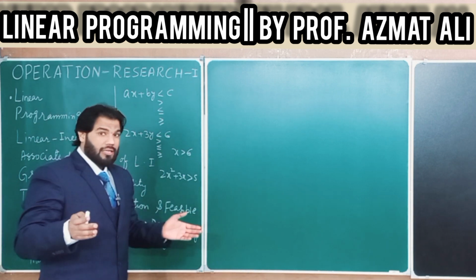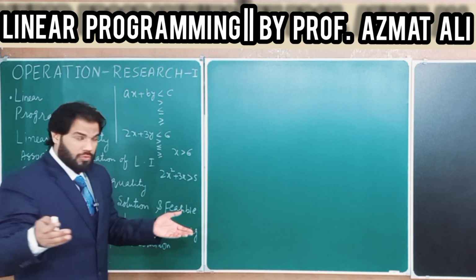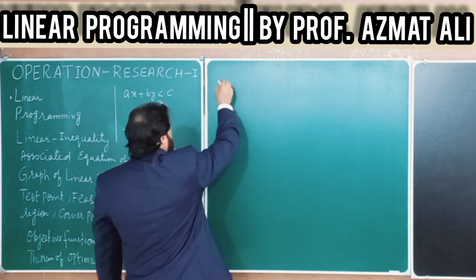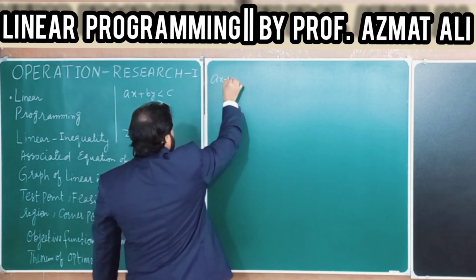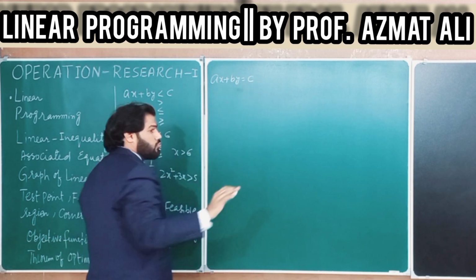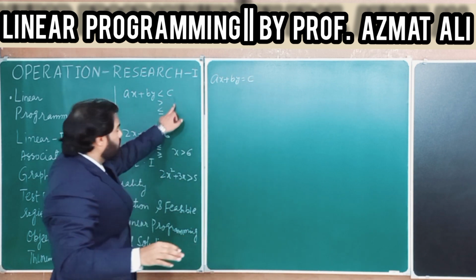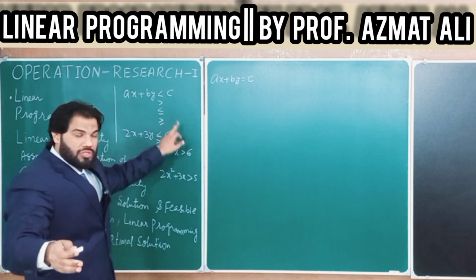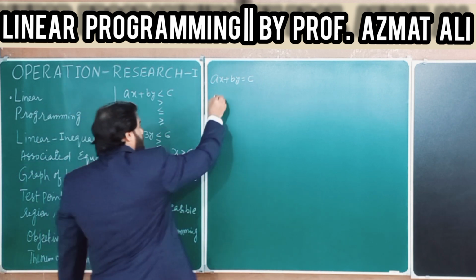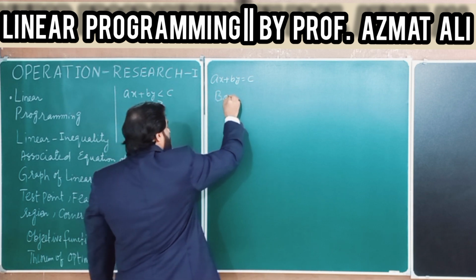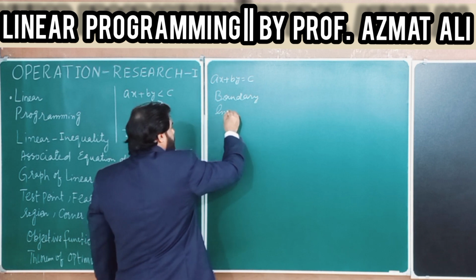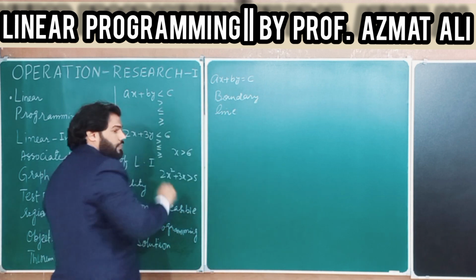But when we say about its associated equation, these four inequalities has only one associated equation, that is ax plus by equal to c. This is the associated equation of these four inequalities. This associated equation is also called the boundary line of these four inequalities.